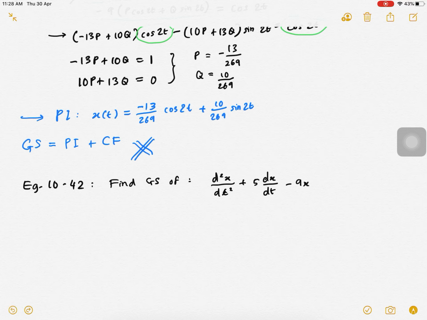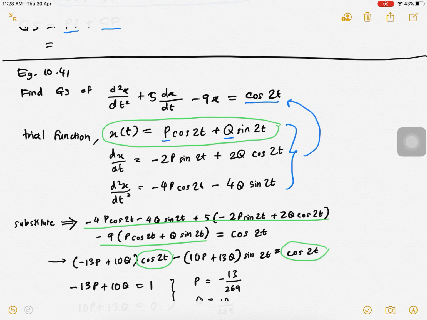We will use the same complementary function, but the right hand side is different. In this case, it is exponential. Okay, so how do we want to solve this?